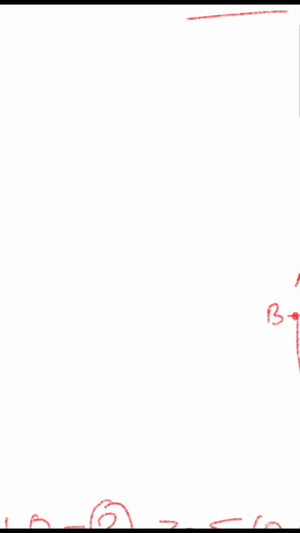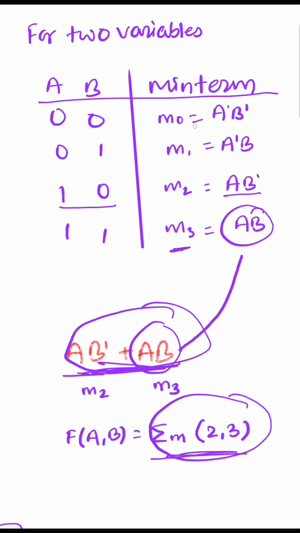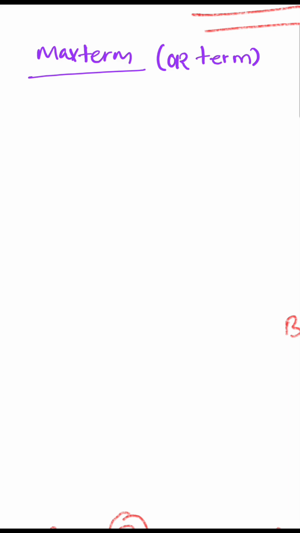A maxterm is just the opposite concept. A maxterm is an OR term. Previously, the minterm was all about the AND term, ANDing. There was product. But in a maxterm, there are only OR terms, no AND terms. A maxterm is an OR term containing every variable exactly once.